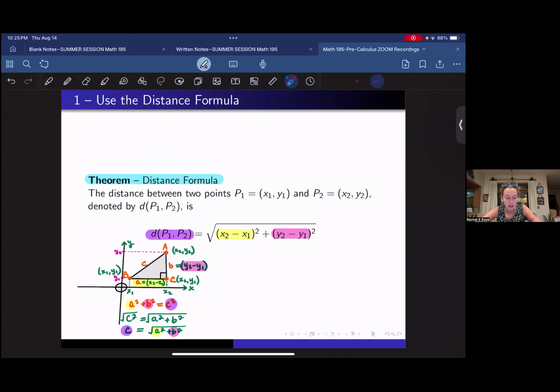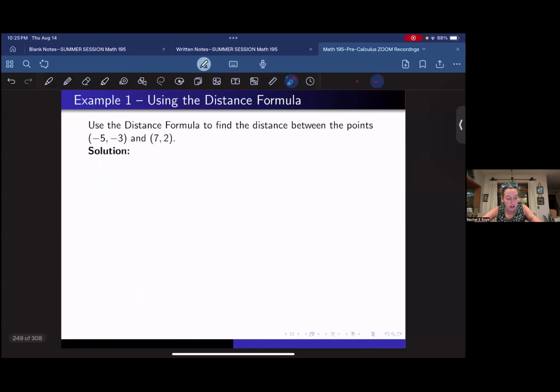Okay, so now that we know that, let's apply it to example 1. And we'll be much more efficient here. Our 2 points, we want to find the distance between. So -5, we're going to call that our first x coordinate point. -3, our first y coordinate point. 7 is going to be our second x coordinate point.